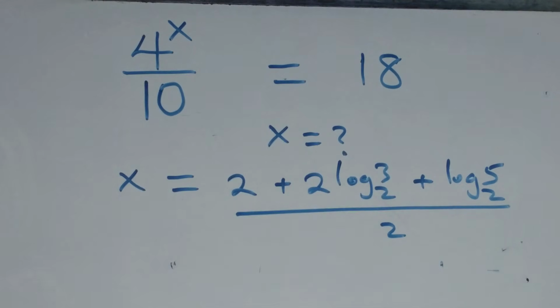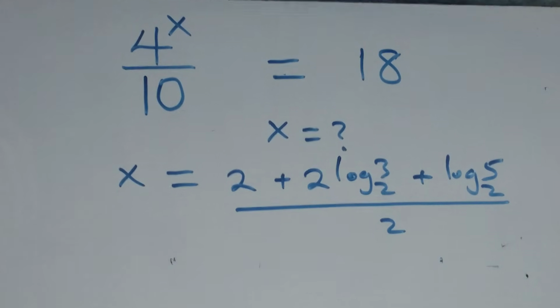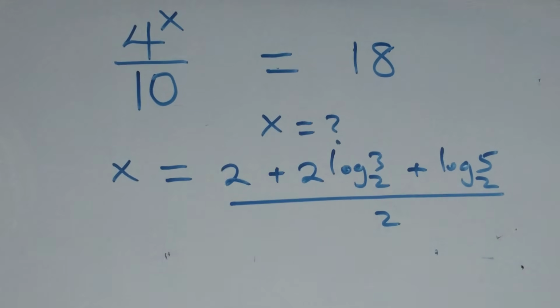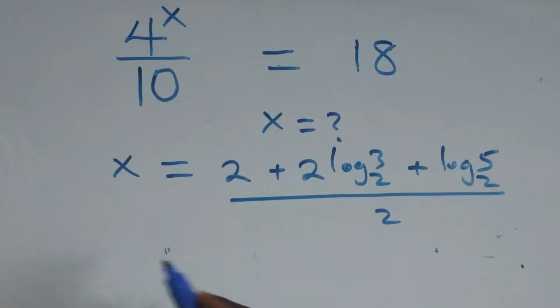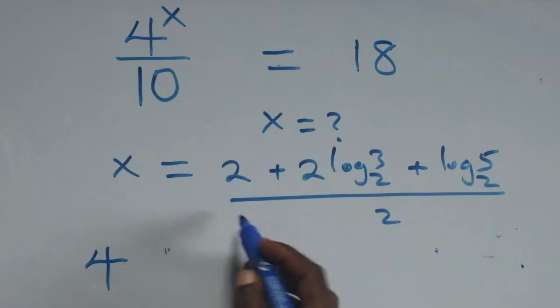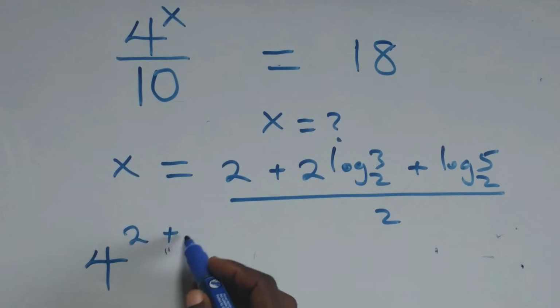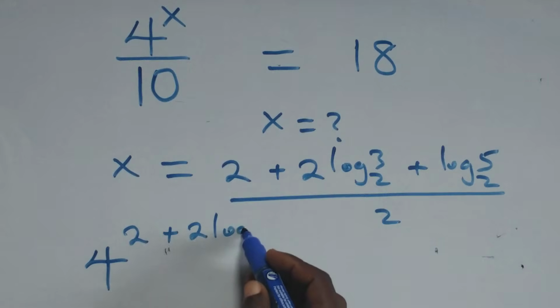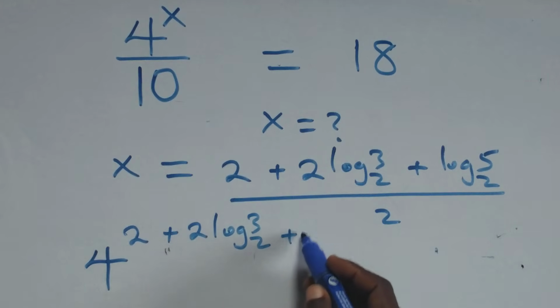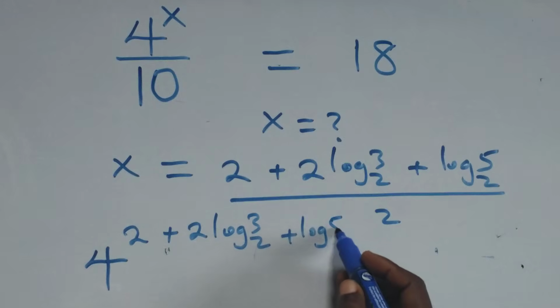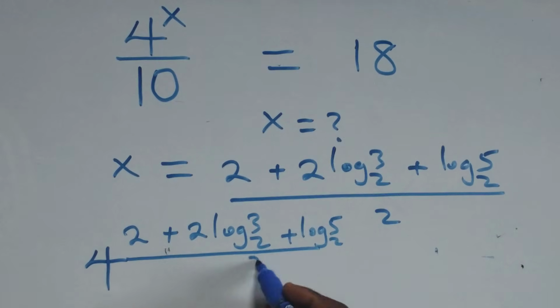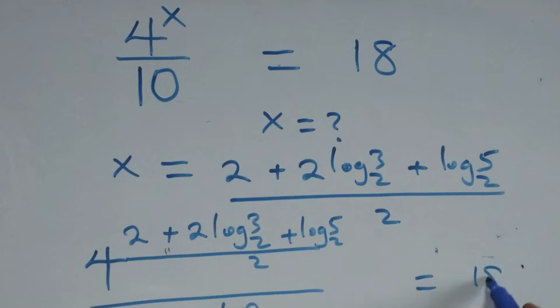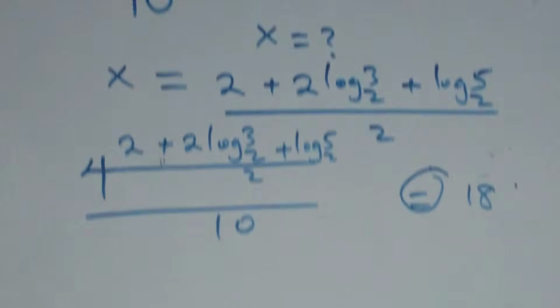So when we substitute, what we have becomes 4 raised to power x, which is now 2 plus 2 log 3 base 2 plus log 5 base 2 all over 2, then divided by 10, equals 18 on this side.